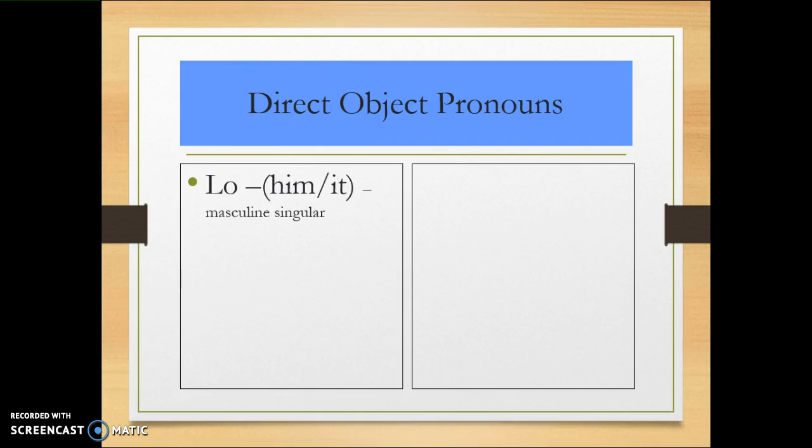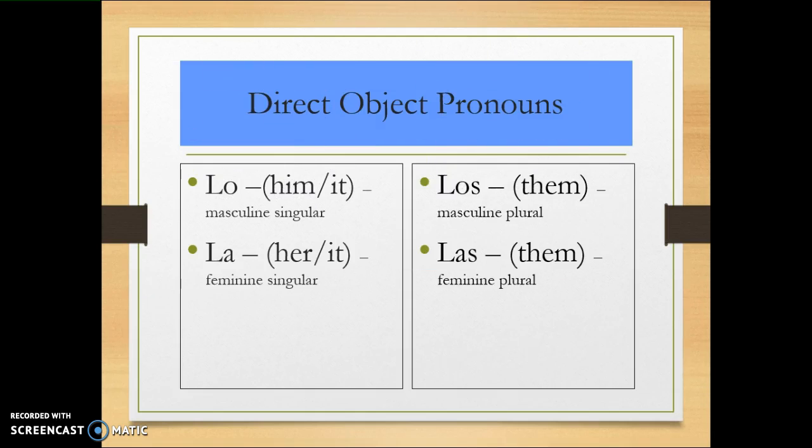In Spanish, here are your direct object pronouns. You have lo, which means him or it. That is the masculine singular. The masculine plural of that would be los, which means them. La, her or it, which is the feminine singular. And las would mean them, which is the feminine plural.